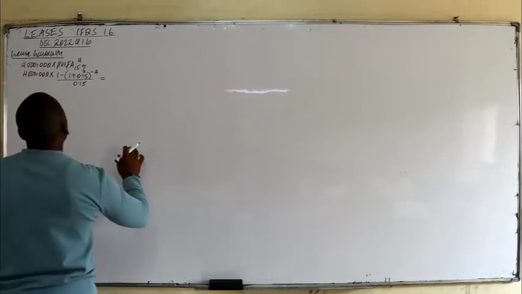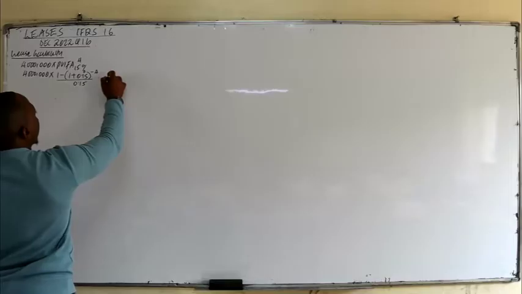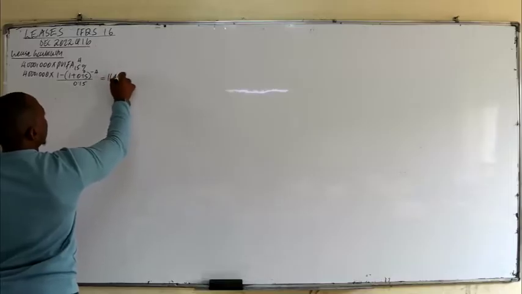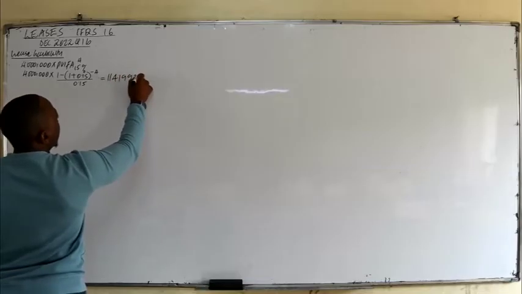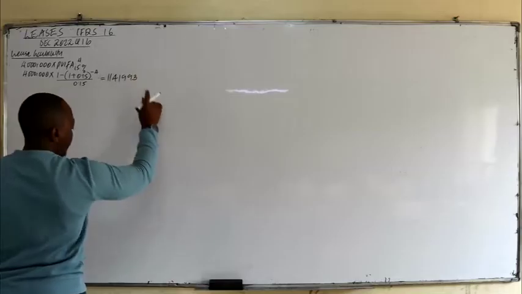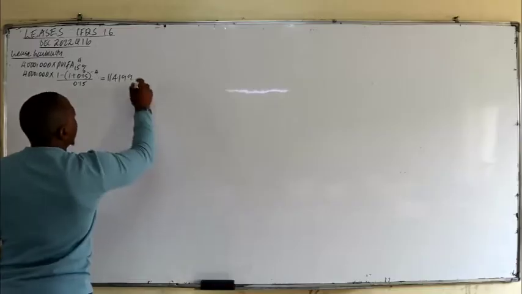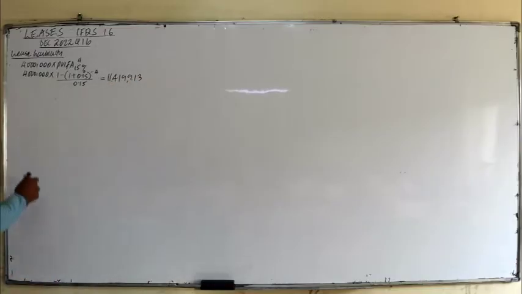Present value of 4 million for the next 4 years. Okay, anyway, 11 million, 419, 913.